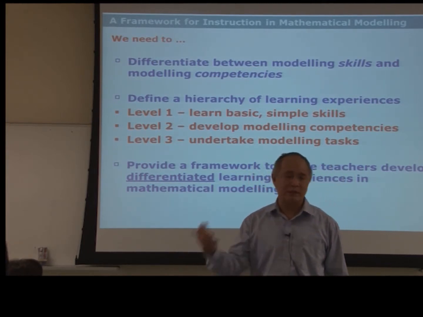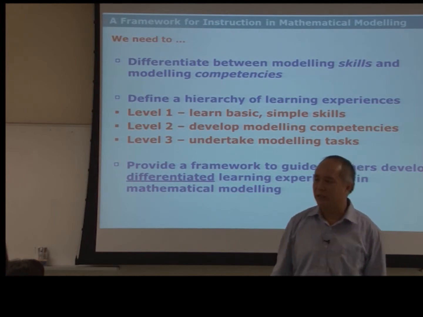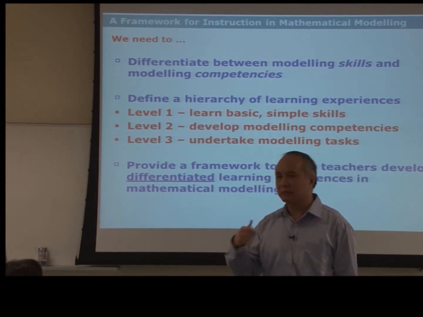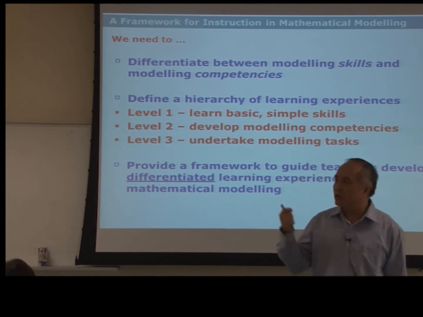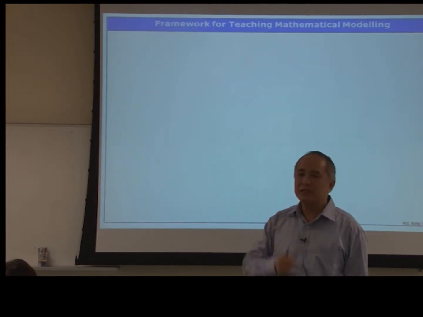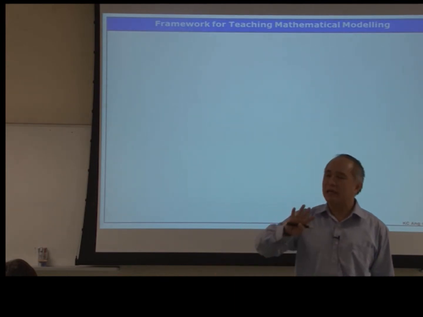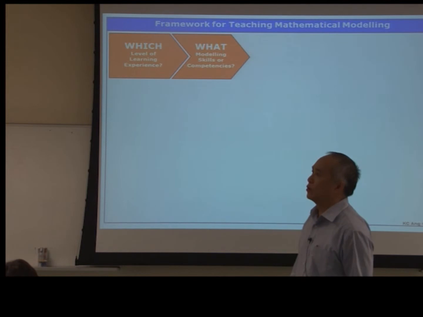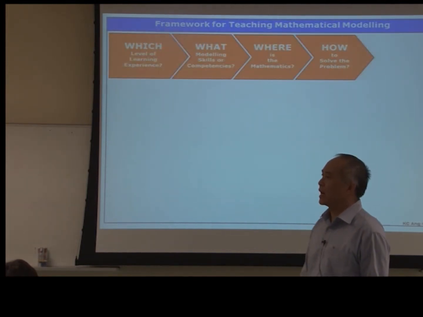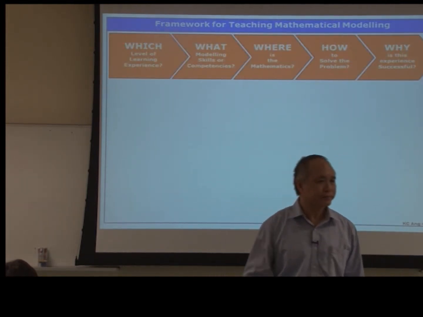Something too open or something too guided may not help us achieve the objective. So my proposal is that we have this framework. This framework is actually quite simple. It consists of 5 questions: which, what, where, how, and why.